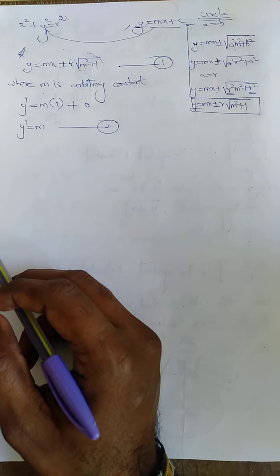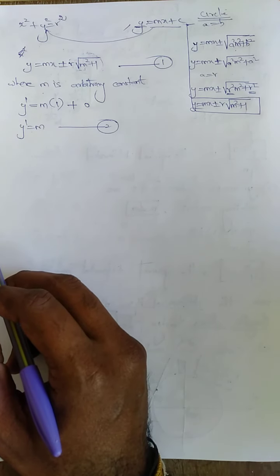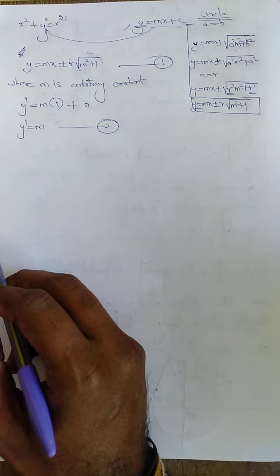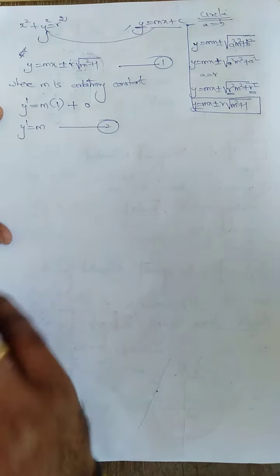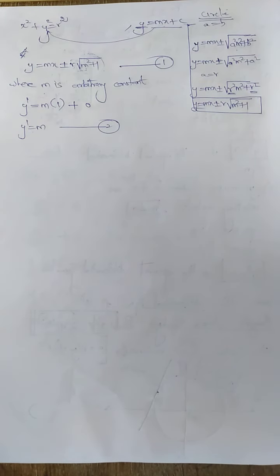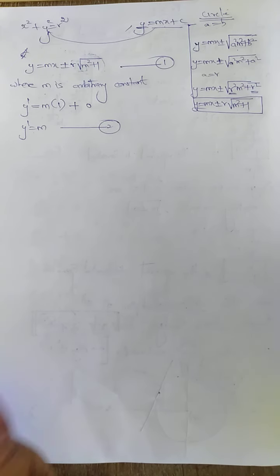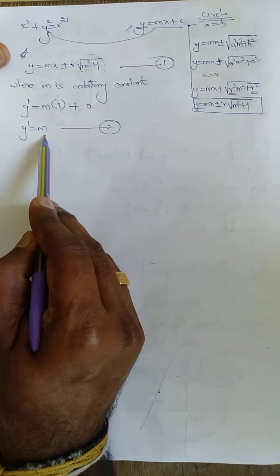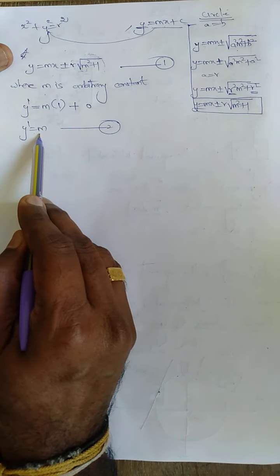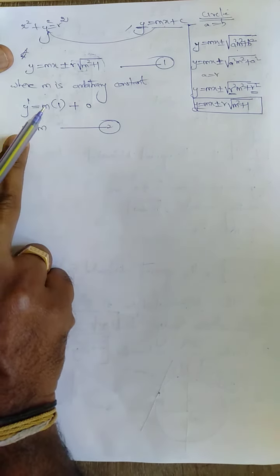If only one arbitrary constant is present, you differentiate only once. If two are present, you differentiate twice. If three are present, you differentiate thrice. The second condition is that we should eliminate the arbitrary constant. I differentiated once, but the constant is not yet eliminated.